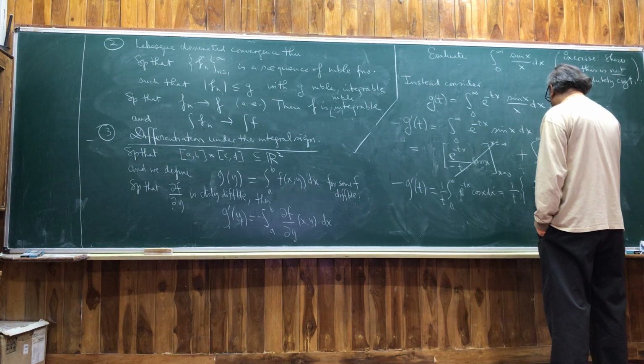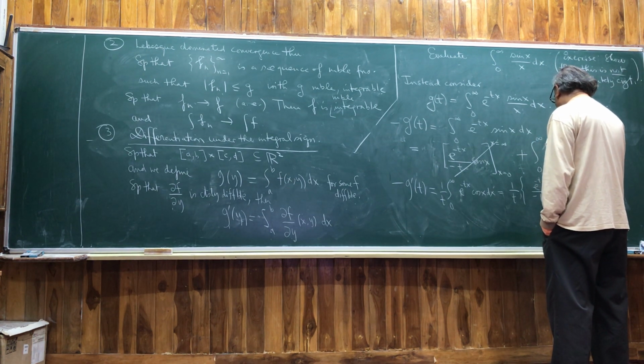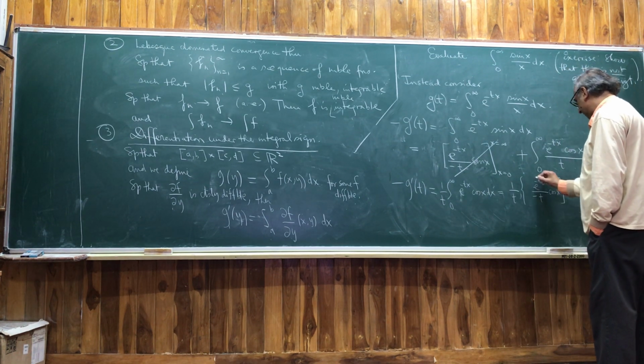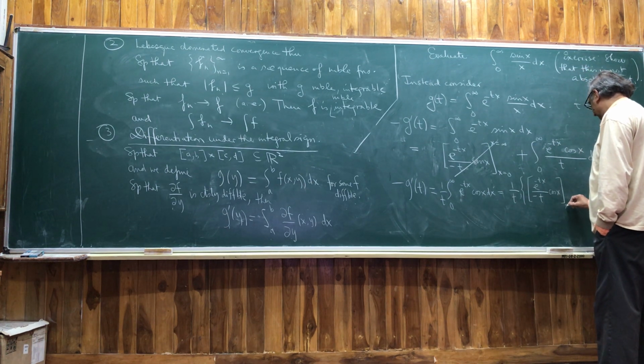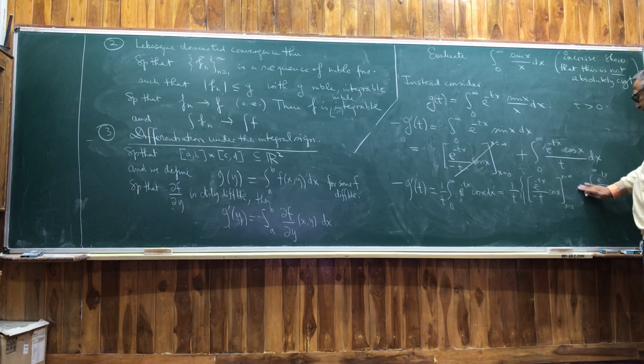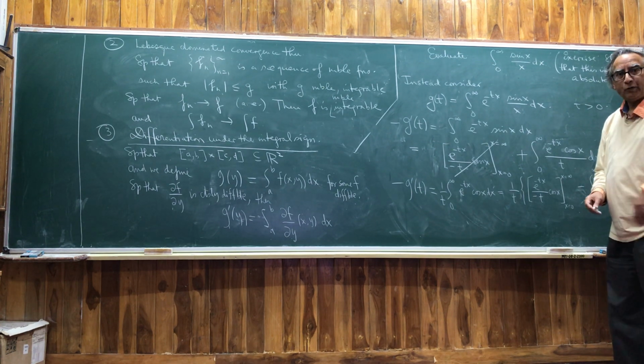So e to the minus tx over minus t times cos x, between x equals 0 and x equals infinity, and then plus the integral from 0 to infinity of e to the minus tx over t times the derivative of cosine, which is minus sine. Fair enough. Hope I did this correctly.